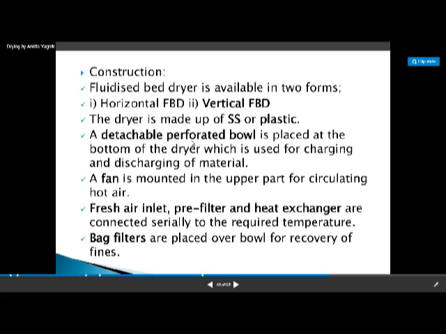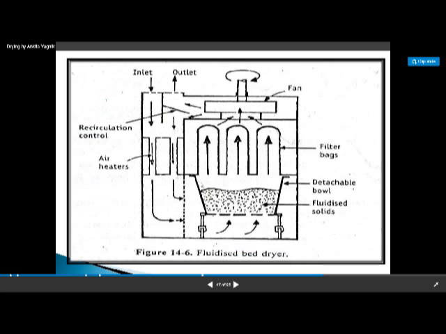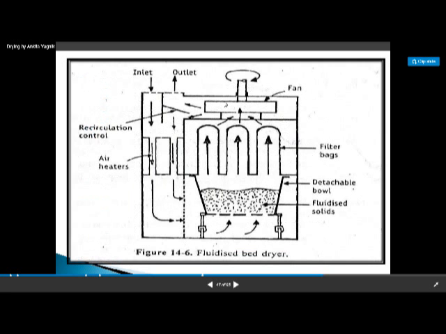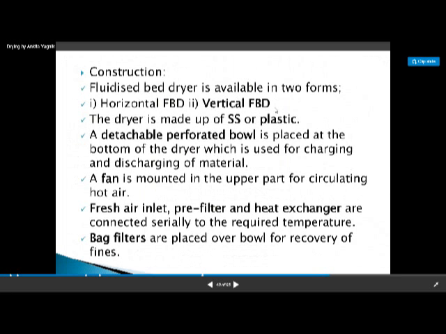A detachable perforated bowl is placed at the bottom of the dryer, which is used for charging and discharging the material. A fan is mounted at the upper part for circulating the hot air.